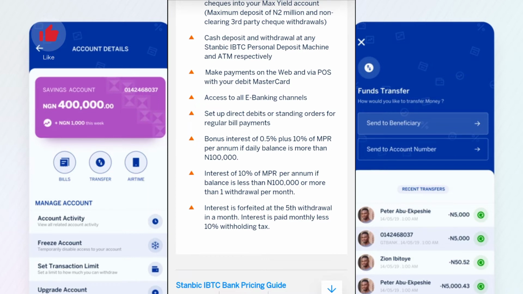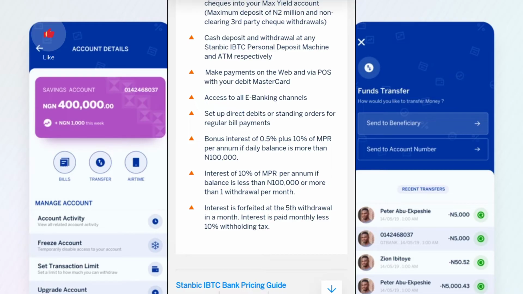So if you are using this account for your personal finance, you want to cultivate the habit of saving and also being disciplined about your spending. If you need to pay for your light, you have a specific amount you pay, you can put a standing order that every month so amount goes here or there.